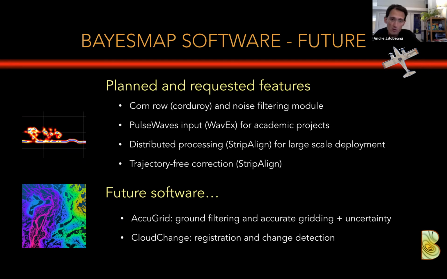That seems to happen more and more, or sometimes data are very weird and they're damaged, or there's some missing information, and the only way to correct is without the trajectory. And future software, you can see more on the website, but there's accurate gridding, ground filtering, uncertainty output. That's really interesting for next year, and also automatic cloud change detection. So registration and change detection, we might be able to get that done later this year.